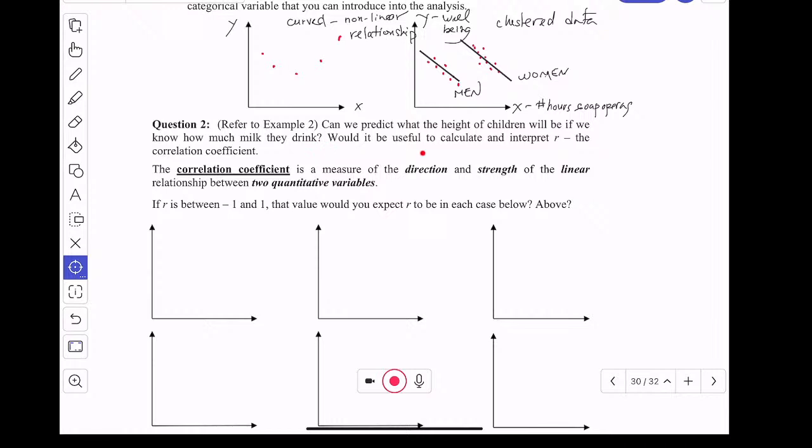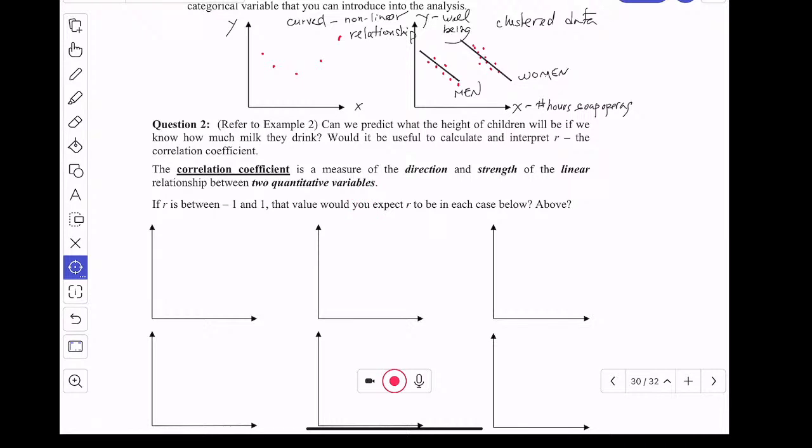So would it be useful to calculate and interpret R, the correlation coefficient, to make predictions? So you should base your calculation on R on whether you have a linear relationship. R is reserved as a measure of the direction and strength of the linear relationship between two quantitative variables.